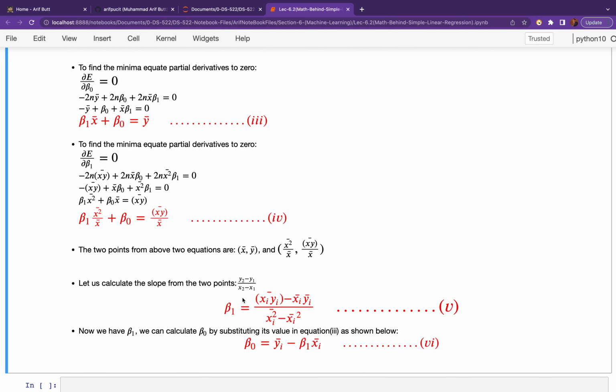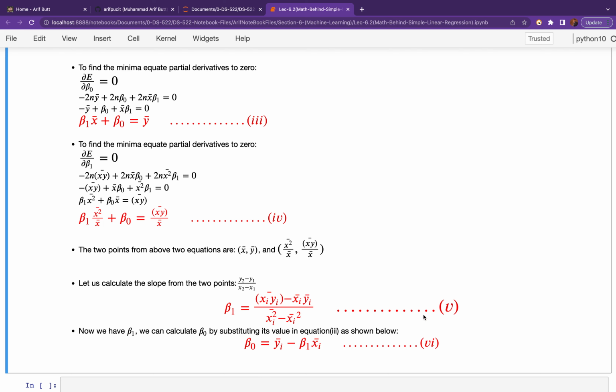I have simply used this formula to calculate the slope of these 2 points, and this is the equation of beta 1, equation 5. Note that by substituting this value of beta 1 in equation 3, we can find out beta naught as well.